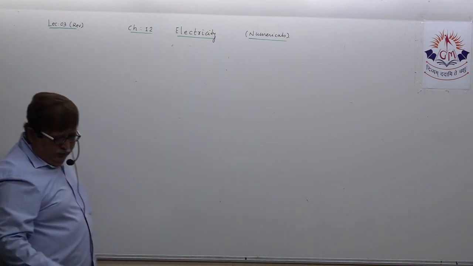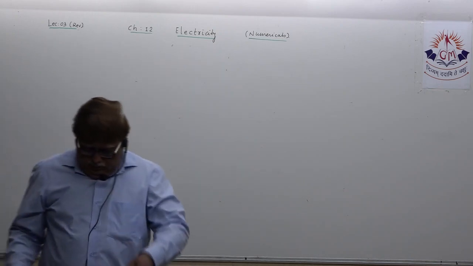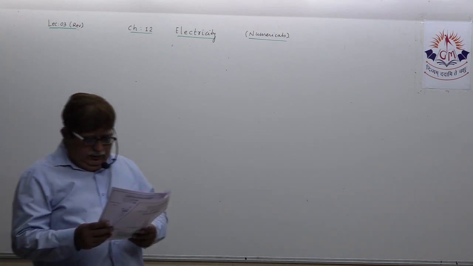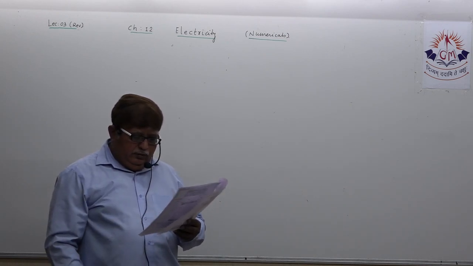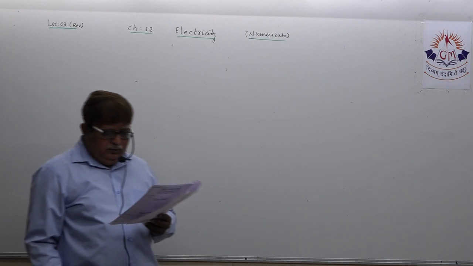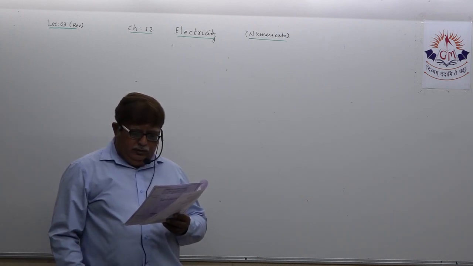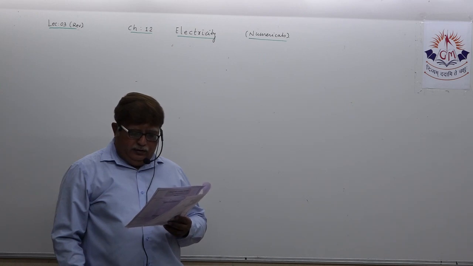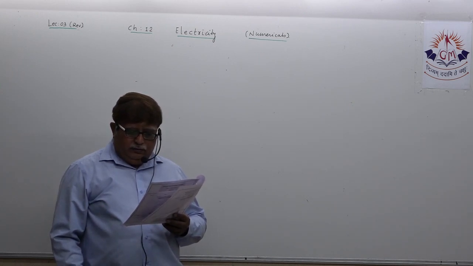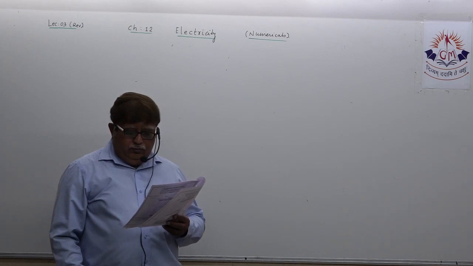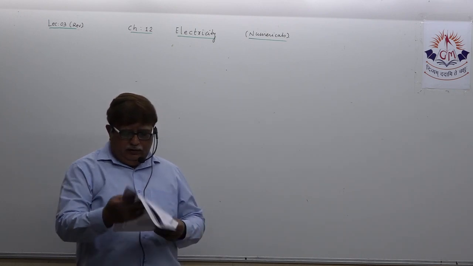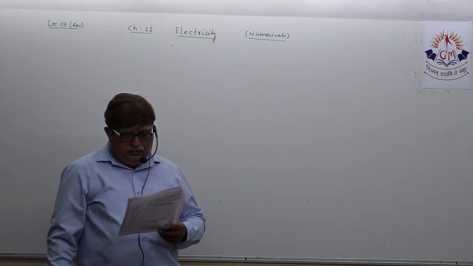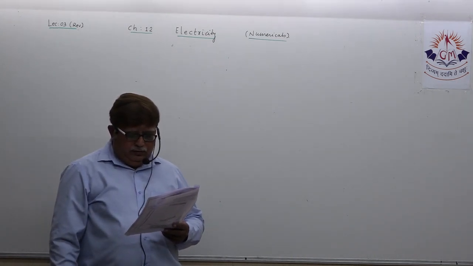Right? Suppose from WP, if you just have a look at this, draw a schematic, example number 19. Draw a schematic diagram of a CKT consisting of 3 cells of 2 volt each, a 5 ohm resistor, an 8 ohm resistor, and 12 ohm resistor, and a plug key, all connected in series.